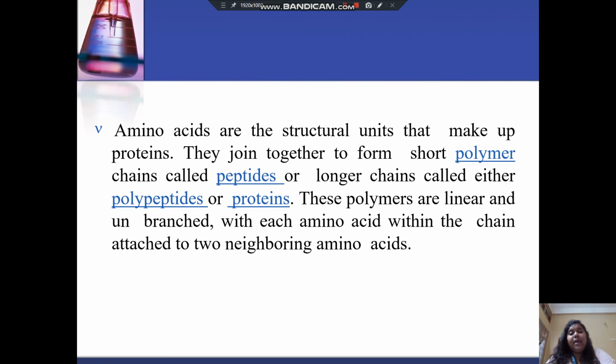Now, amino acids are the structural units that make up proteins. They join together to form short polymer chains called peptides, or longer chains called either polypeptides or proteins. These polymers are linear and unbranched, with each amino acid within the chain attached to two neighboring amino acids.